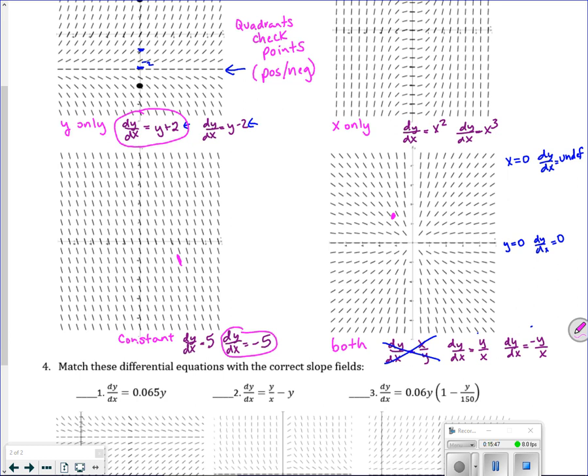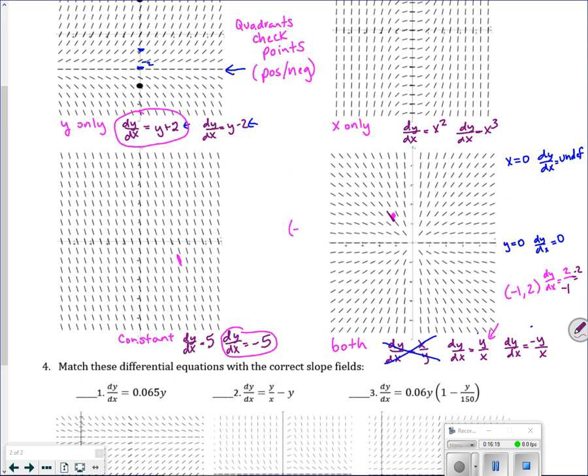So if I picked a point, let's say the point (-1, 2), I think we'd all agree that that would be a point in quadrant 2. If I plugged into this guy right here, dy/dx would be 2 over -1, so that's -2. Is that slanting the right way?